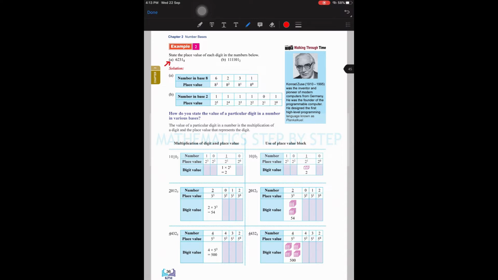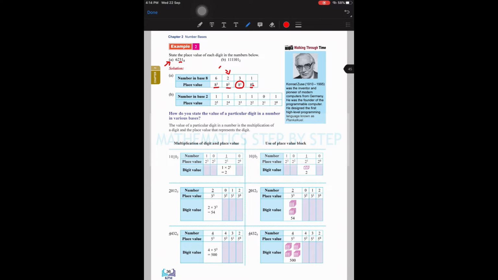So we'll put all this information in a table. So now it is base 8. And the power, we always start from 0, okay? So 8 to the power 0, 8 to the power of 1, 8 to the power of 2, 8 to the power of 3. So let's say if the question asks, what is the place value for this underlined digit? We know that the place value is 8 to the power of 1, okay?